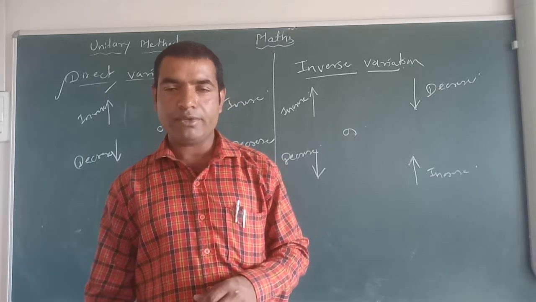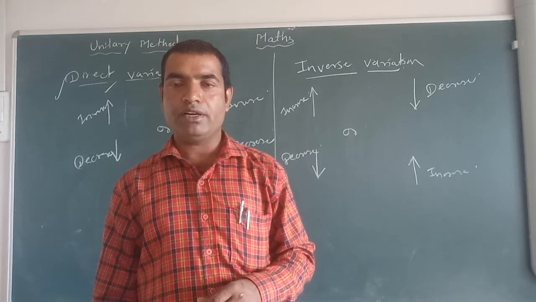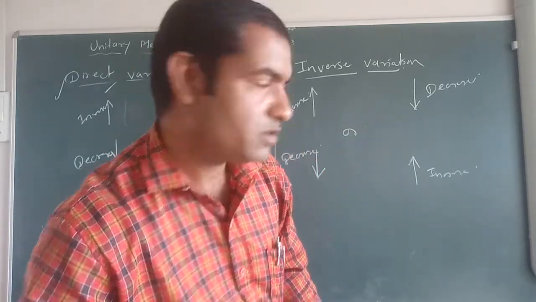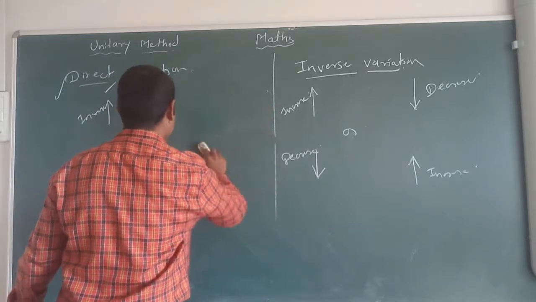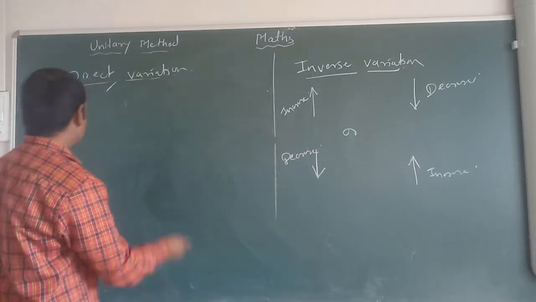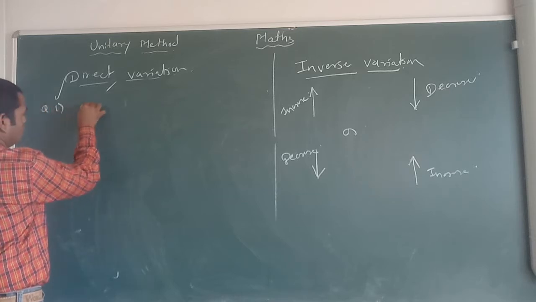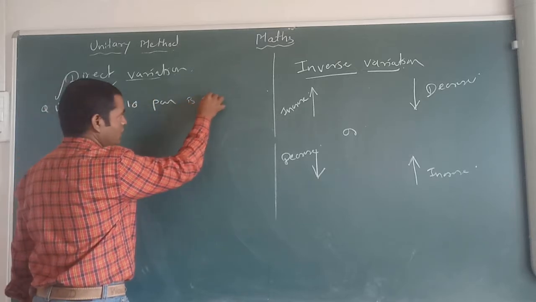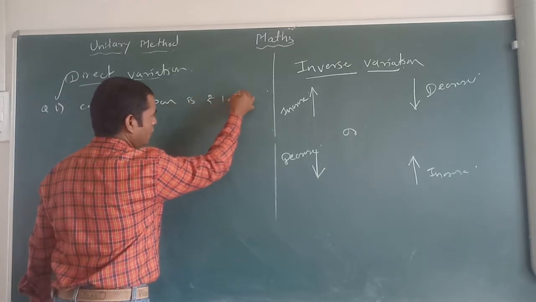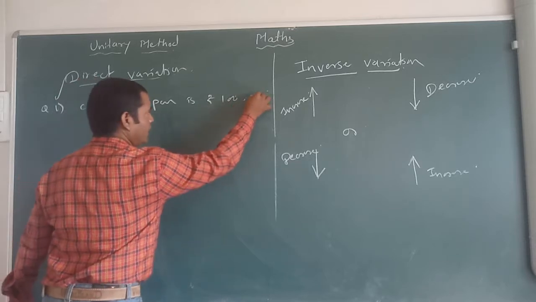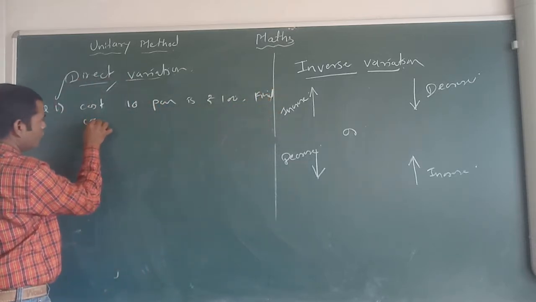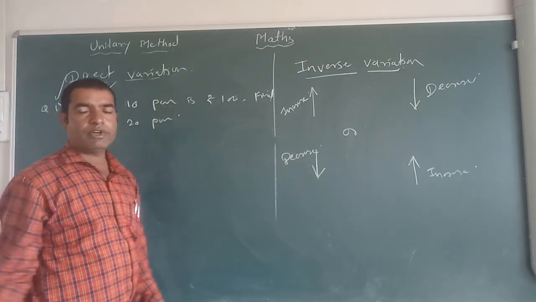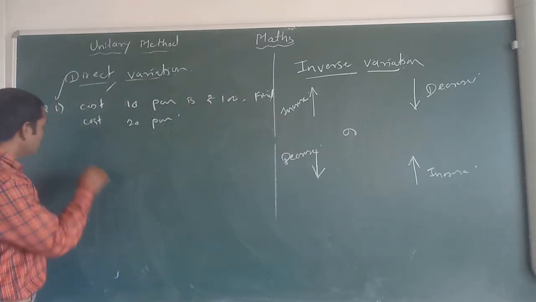So here I am taking one problem for direct variation and one problem for inverse variation. First, direct variation. Suppose the cost of 10 pens is rupees 100. Then find the cost of 20 pens.